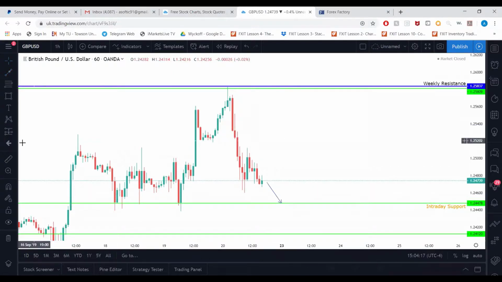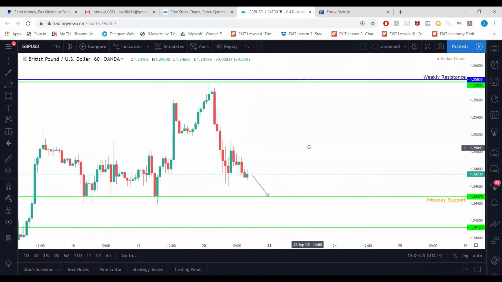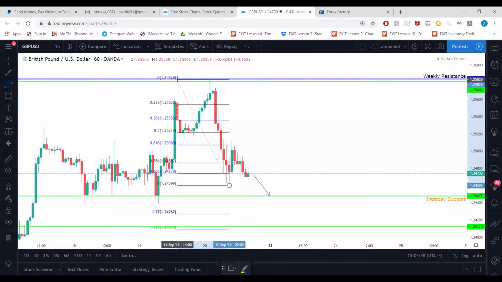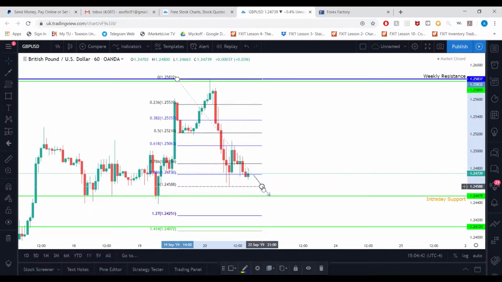That's only 20 pips away. Personally, I would not trade when the market opens. I would wait to see if this support will hold. If it does, then we can buy it back up. And let's measure this retrace.